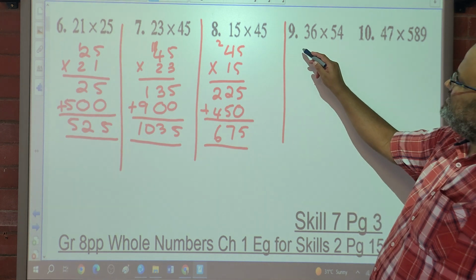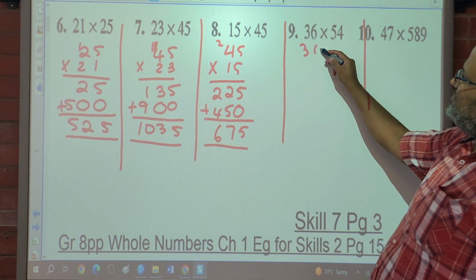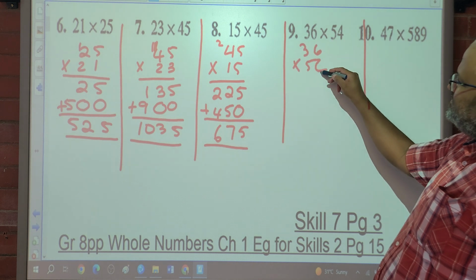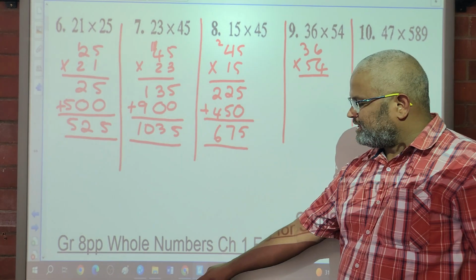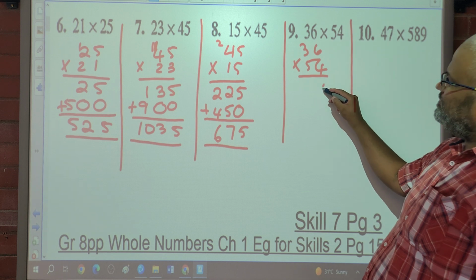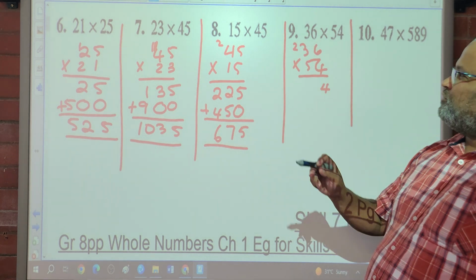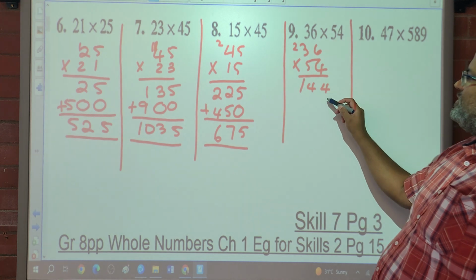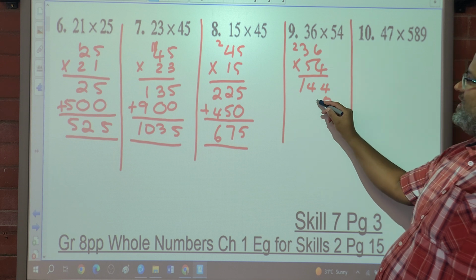Number 9. So it's going to be 36 multiplied by 54. 4 multiplied by 6 is 24. 4 multiplied by 3 is 12 plus 2 is 14. So there's 0 as a placeholder. 5 times 6 is 30.